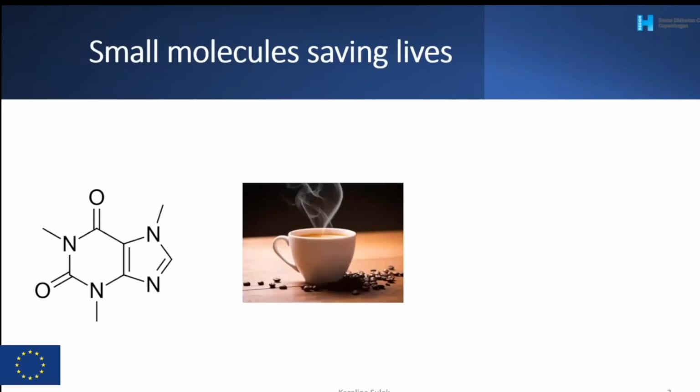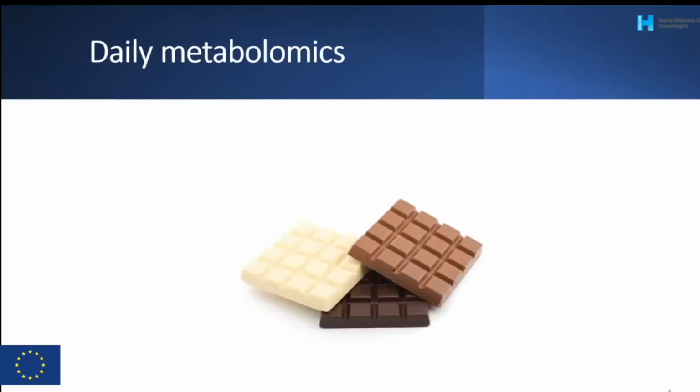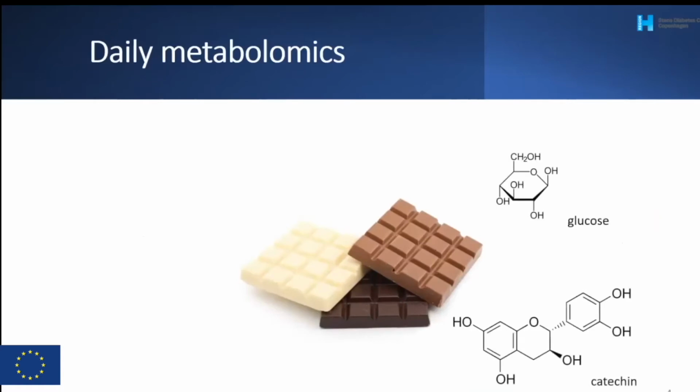So with the caffeine, with the coffee, if we think about it, coffee is not just a coffee. It's actually a mixture of many different metabolites, with aromatic compounds and other types of small molecules. Let's also have a quick look at chocolate, and what's happening when we're eating chocolate.